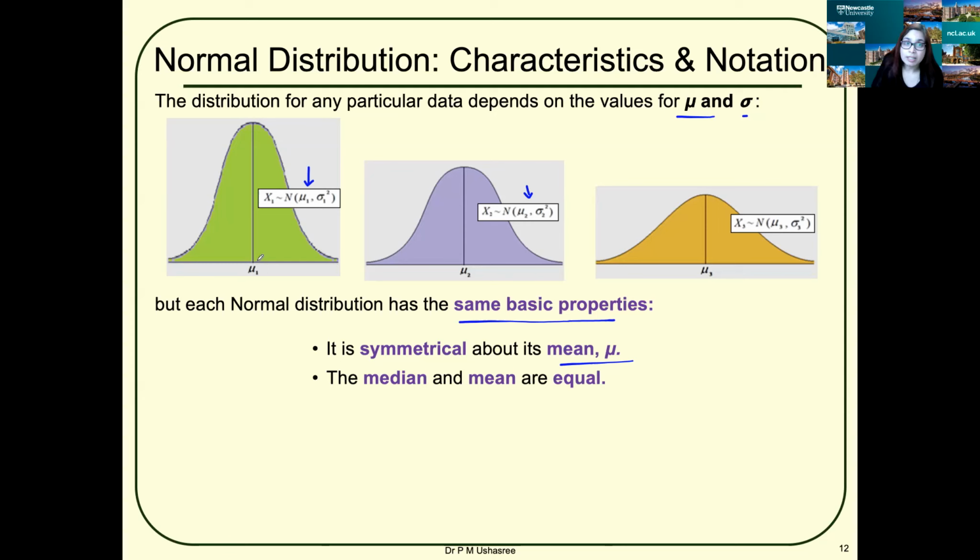So the median for this distribution will be equal to the mean because the data is symmetrically distributed. The distribution is bell-shaped. Each of these distributions is bell-shaped.